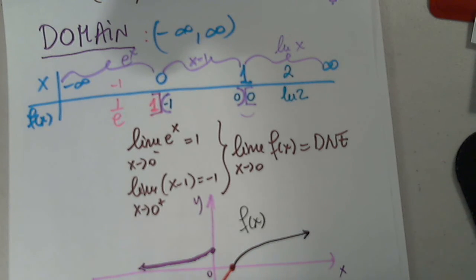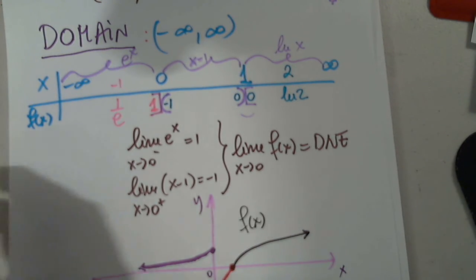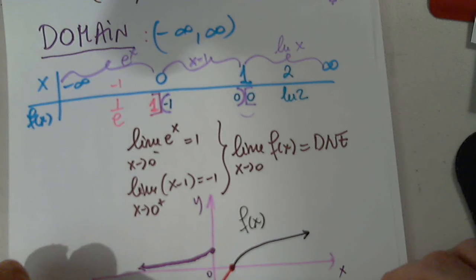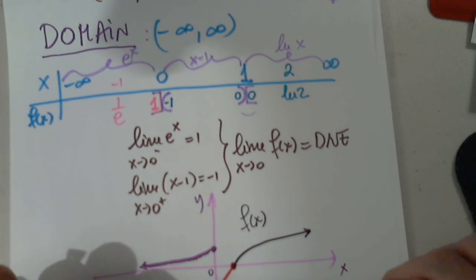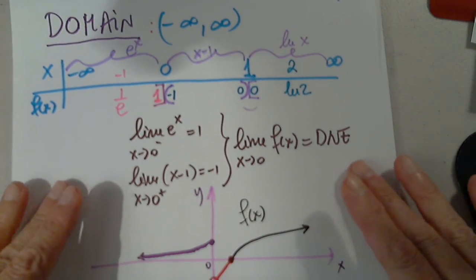The range would be bracket -1, 1, parenthesis. Right? So let me refresh your memory on how we determine the range. We imagine that we draw horizontal lines, and when my horizontal lines start hitting the function, that's where I start with the range. Ready?